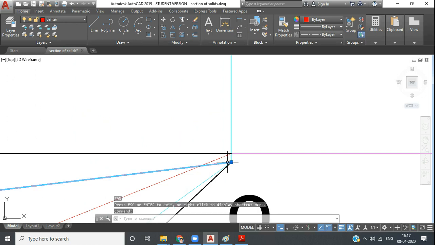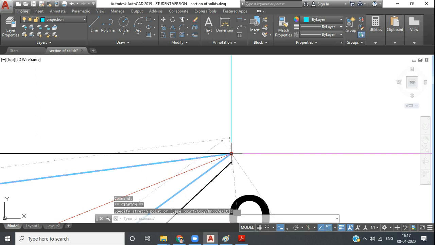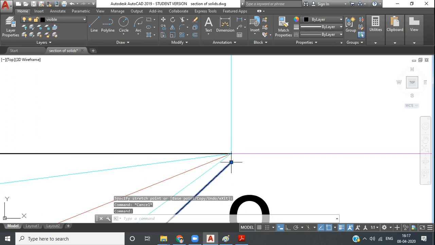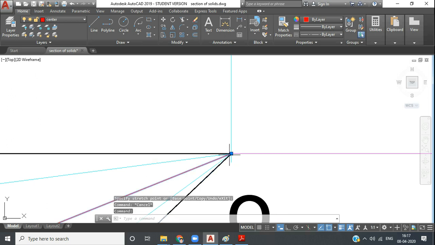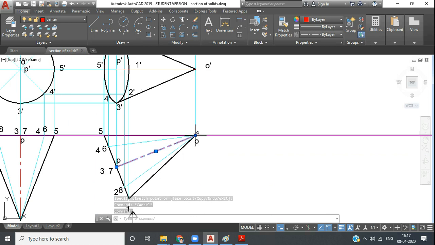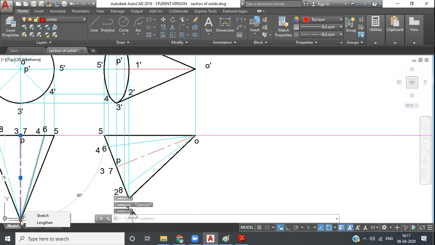All these points should be at this point, even this one. The length of the axis should be 75. It is a little ahead because there was an error with the projection.